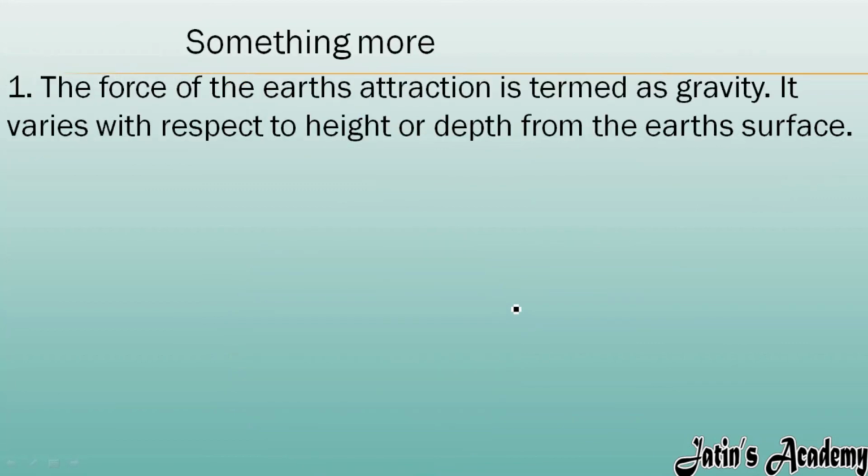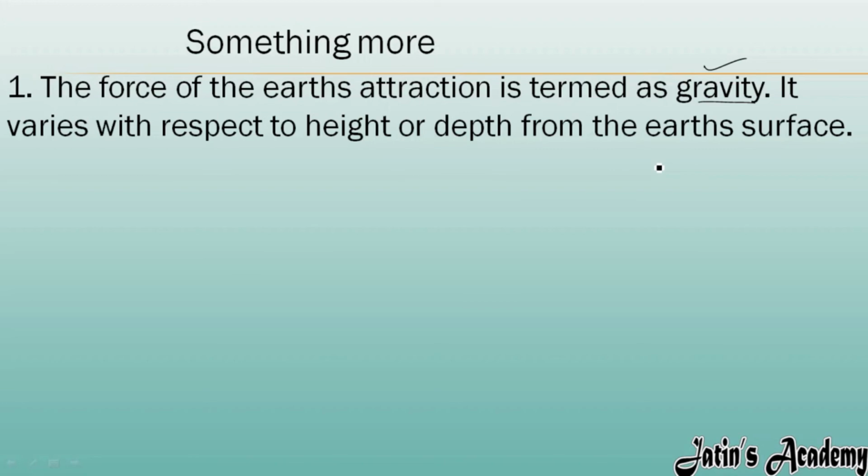Now we have some more knowledge. The force of the earth's attraction is termed gravity. We have already learned that the force by which an object goes towards the earth is nothing but gravity. And this gravity varies from height to height or depth to depth.